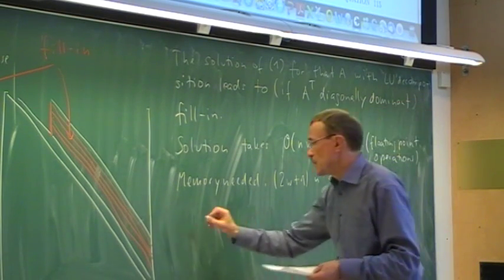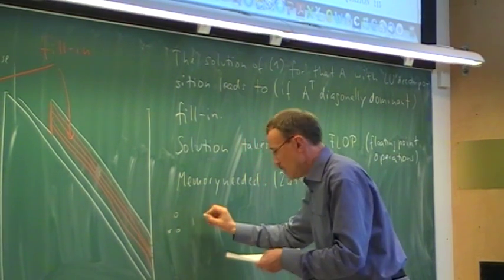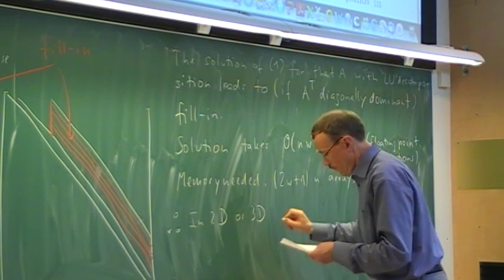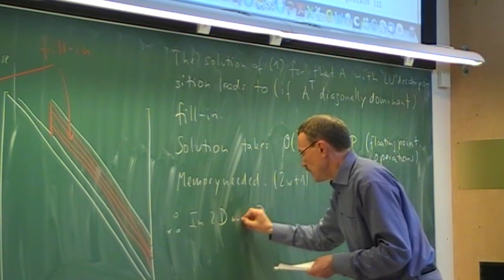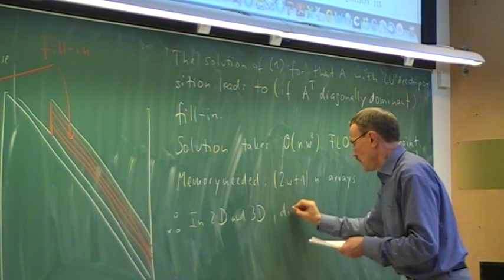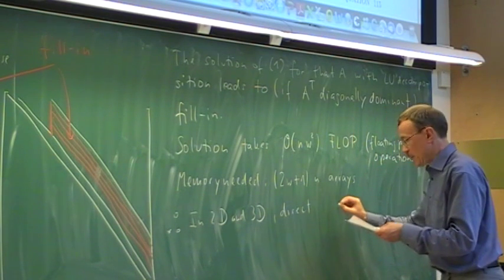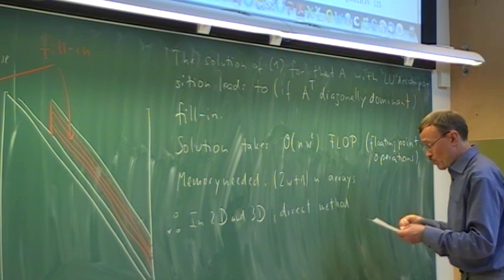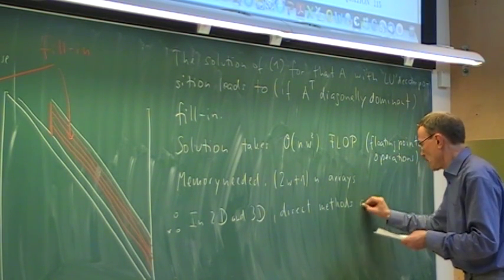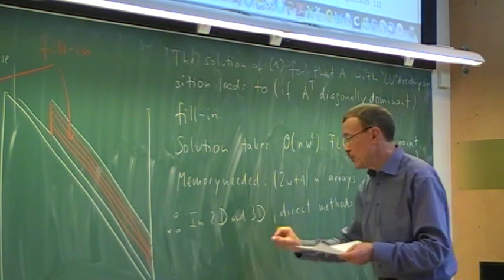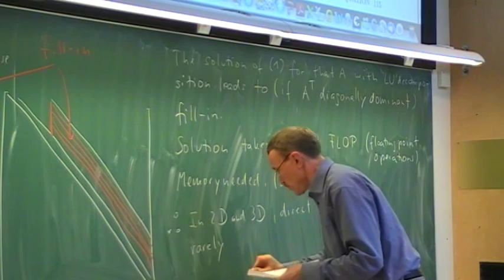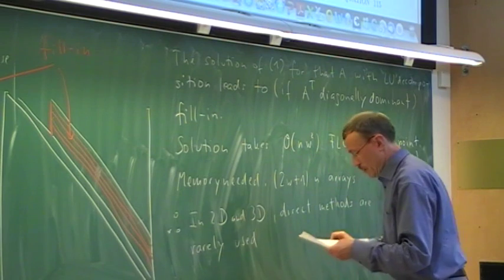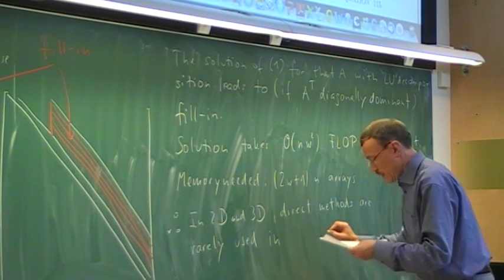And the conclusion is that in 2D, which is what we are discussing here, or even more in 3D, direct methods to solve a linear system are rarely used. So this would be LU decomposition, but in principle any method that you can think of.